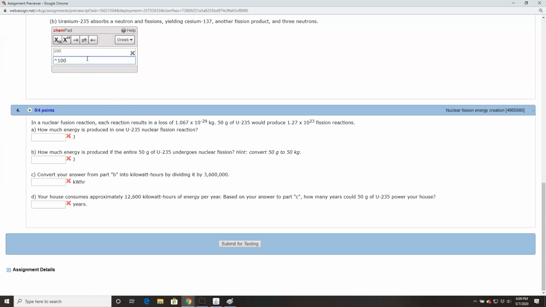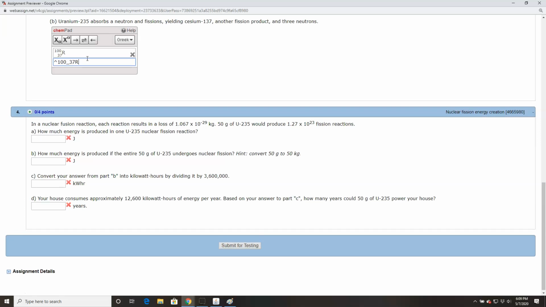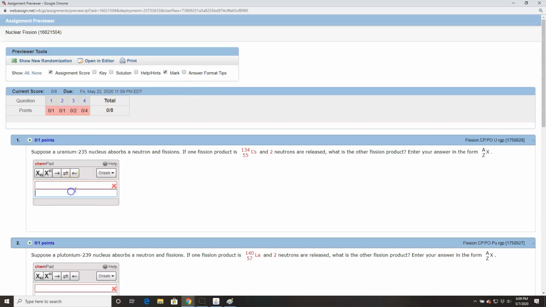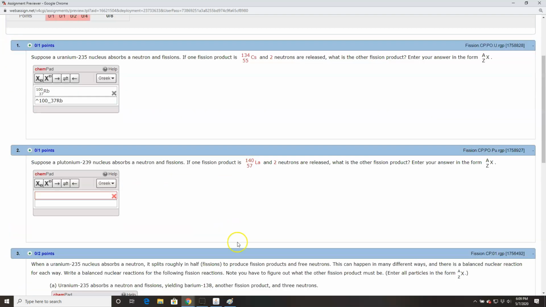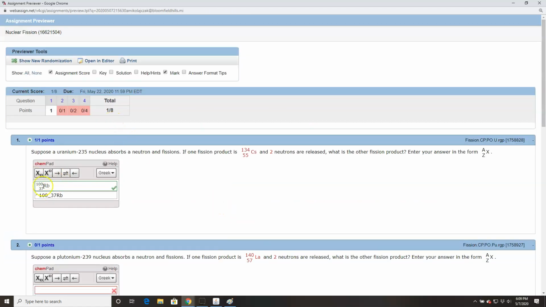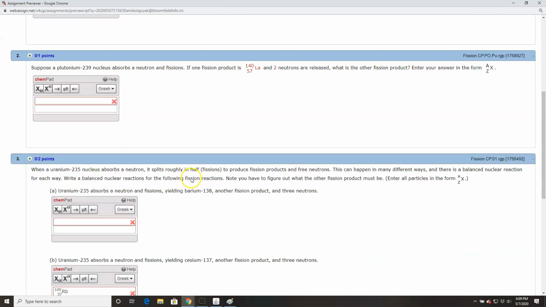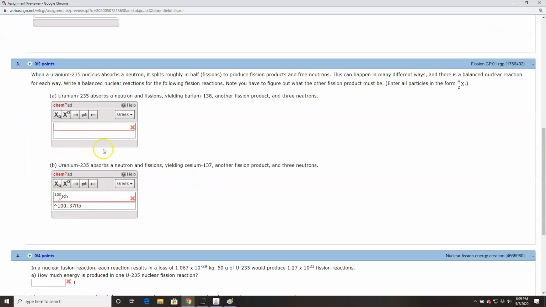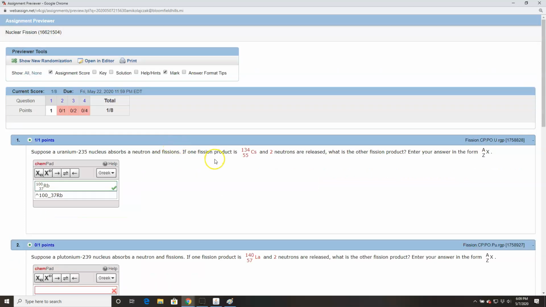Caret 100 underscore 37 Rb. And I actually typed it in the wrong question. We want it up here in question 1. Okay, submit. And there it is, green check. This was for a different problem. I typed in the wrong spot.